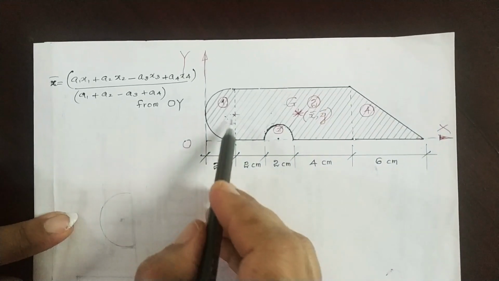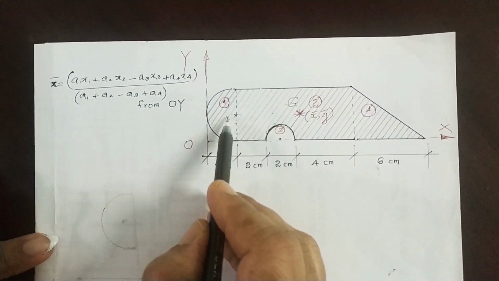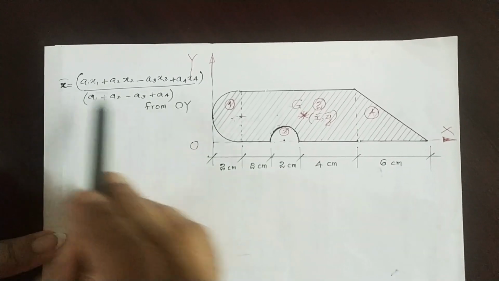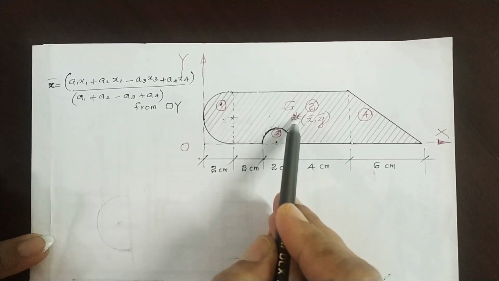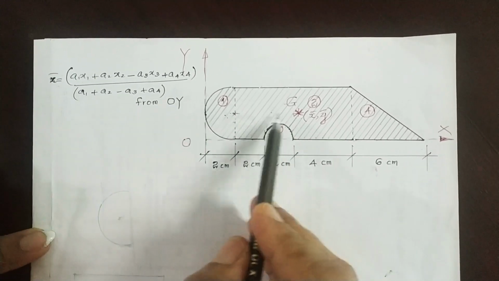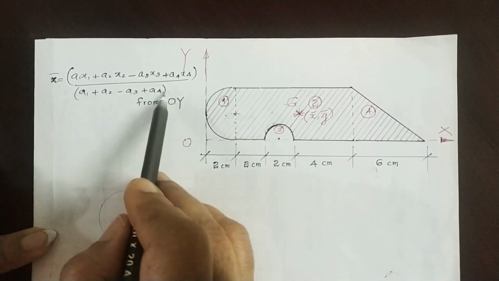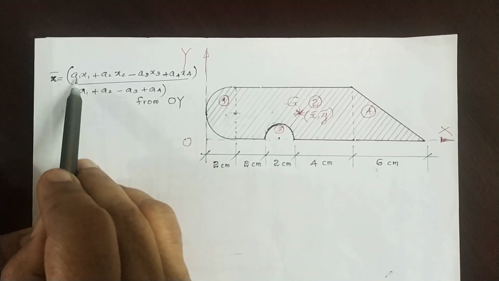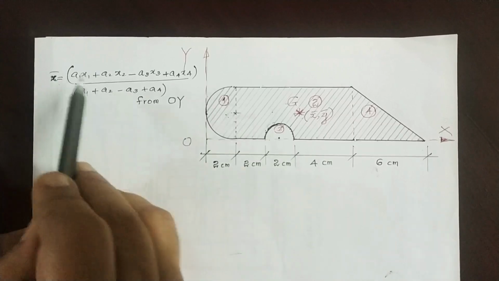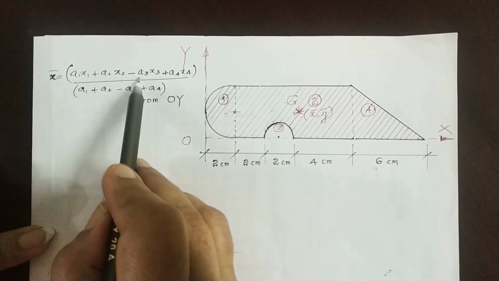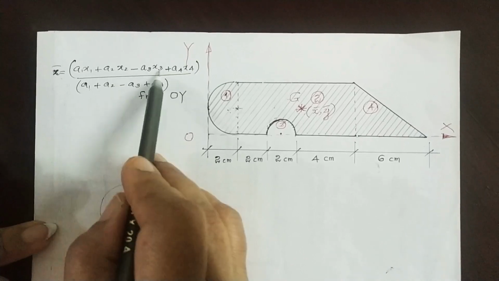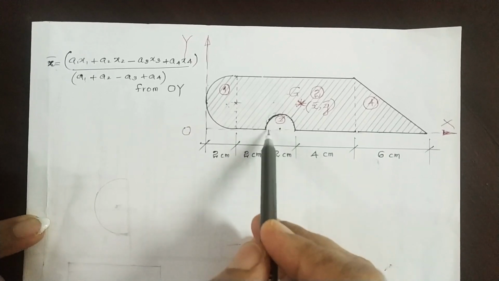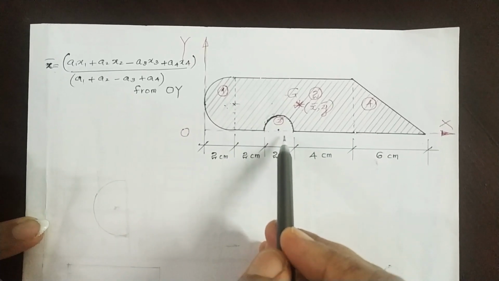Is it clear? You take the moments of all the areas about Y axis and equate it to the moment of this point, the centroid, about the Y axis. The moment of the centroid is total area into X bar. Total area into X bar is equal to the algebraic sum of the moments of all the areas about that axis: a1x1 plus a2x2 minus a3x3 plus a4x4. Why did we subtract this? Because the portion 3 has been cut off, so the moment of that area has to be deducted.